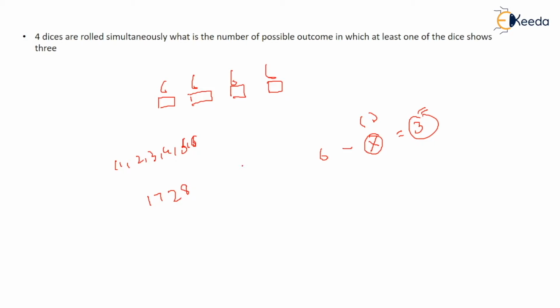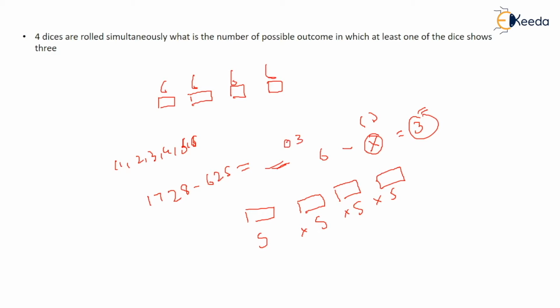Okay, so out of this we have to separate the cases where there is no 3, right? Out of 6, 5 will be the cases where there is no 3. Here also 5, here also 5, here also 5. 5 into 5, 25, 25 into 5, 125, 125 into 5, 625. So after subtracting this from the total, whatever answer comes, that is the possible outcome.